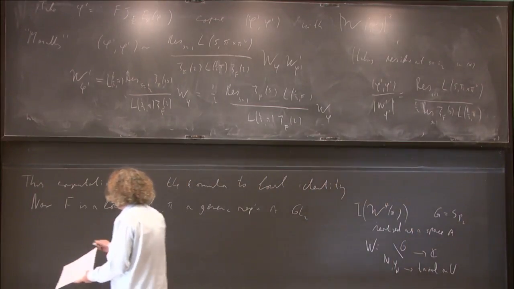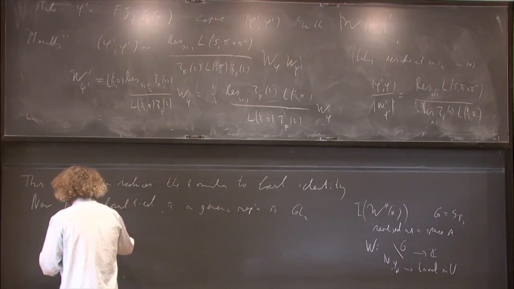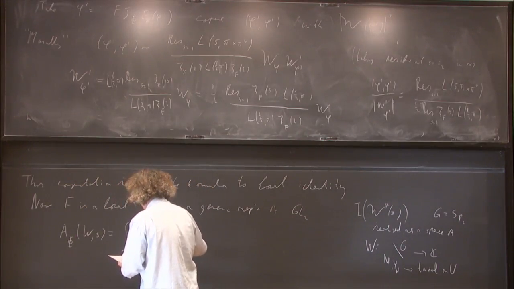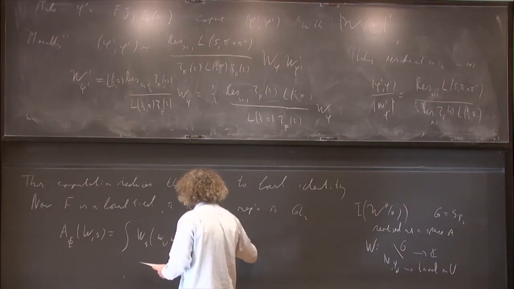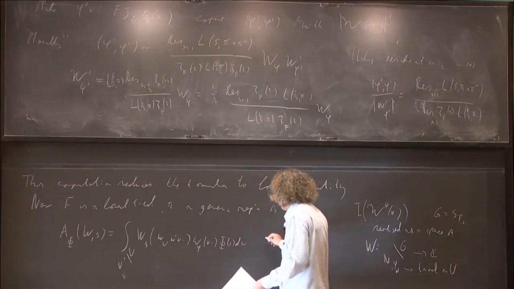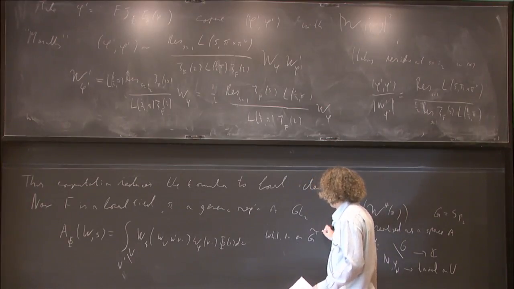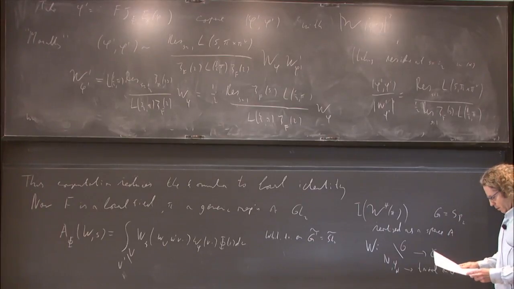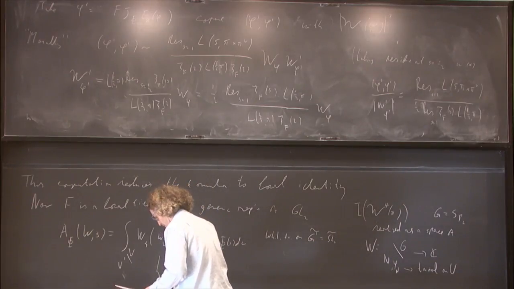Yes, so what do we need? Now I can define the A phi in the same way. In this realization of the induced representation, I will just take the same formula, V mod V gamma. Now everything is local, so this will be some Whittaker function on the G prime, on the SL2 tilde, and it will give me some space of functions.